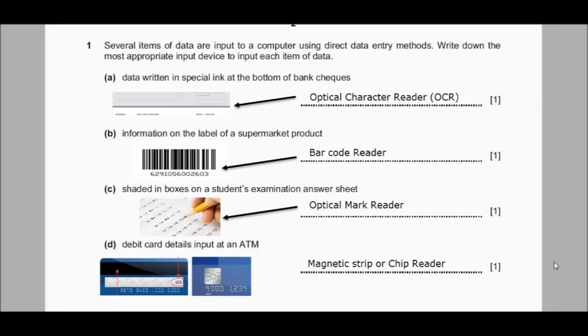Then D is debit card details input at an ATM machine. So the debit card details are actually saved on the magnetic strip on the back or on the chip on the front. So you could put either of the two answers, such as magnetic strip reader or a chip reader, and that'll give you a mark for that one.